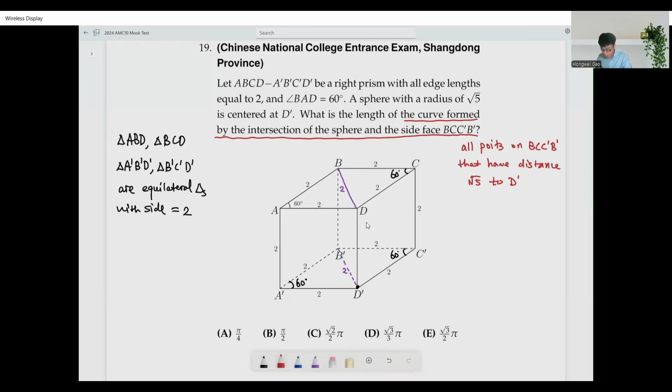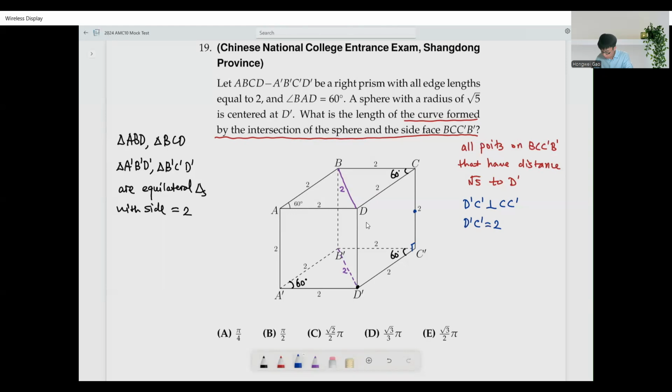First, we can find the intersection with these two edges, CC' and BB'. You know that we have D'C' is perpendicular to CC'. So here's a right angle here. And D'C' is 2. So the intersection must be on the midpoint of CC'.